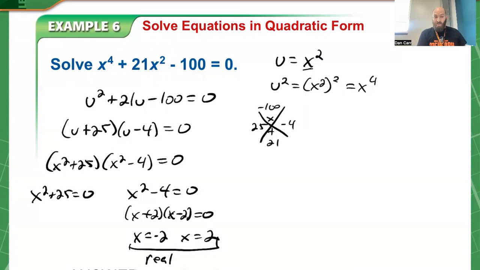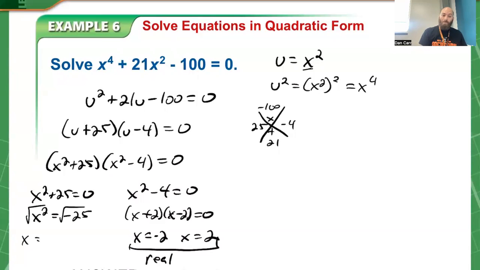For x squared plus 25, I can't really factor that because it's a positive. I can subtract it over to make it a -25 and then do the square root property. Remember, when I have the square root of a negative, that's automatically going to be i. So I'm going to have i in my answer, but I can also take the square root of 25.